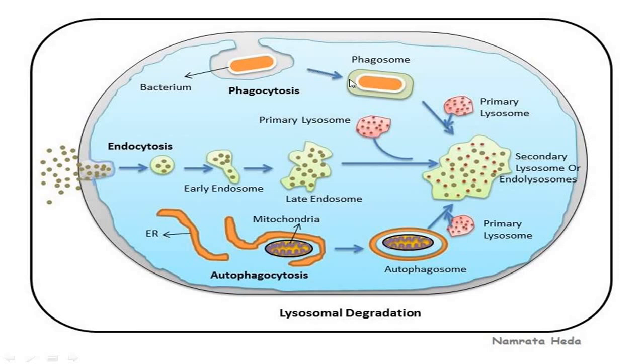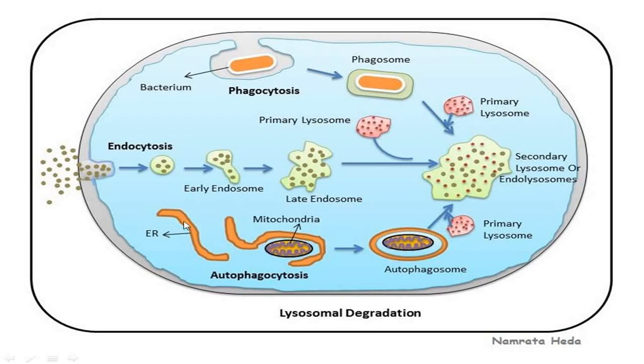When it is taken inside the cell in the form of a vesicle, this is called a phagosome. It combines with primary lysosome to make up secondary lysosome. And for the material taken up by endocytosis, the vesicle which is formed is called an endosome. It also combines with primary lysosome to make up secondary lysosome.